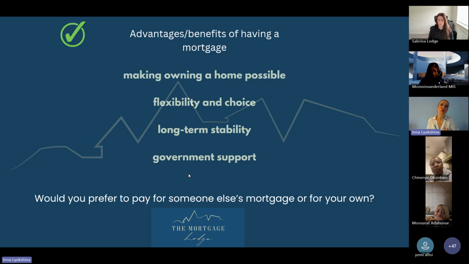But what I noticed, when people do it themselves, they key some of the information themselves and they don't always key it correctly. Because as a mortgage advisor, I know what needs to be keyed and what it is that lenders care about. But you don't necessarily know this. And that's why the figure that you may get while you do it yourself may be different from the figure that I get for you.